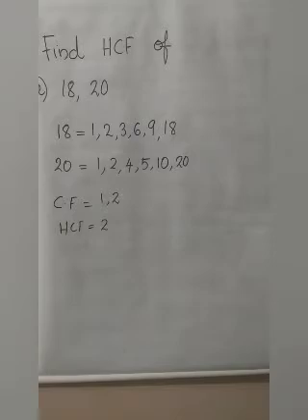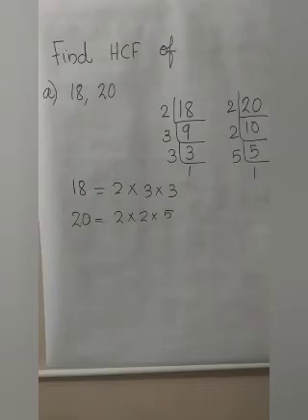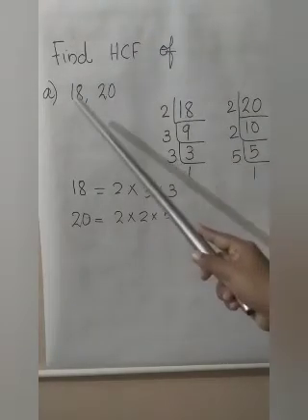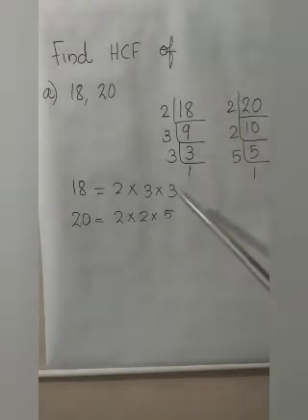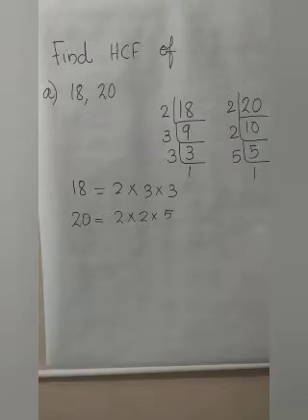We can check how to do it in prime factorization method. Finding HCF by prime factorization method, first we need to prime factorize the given two numbers. What are the two numbers? 18 and 20. So, I am prime factorizing by division method. If you are doing the factor tree method, that method is also correct.